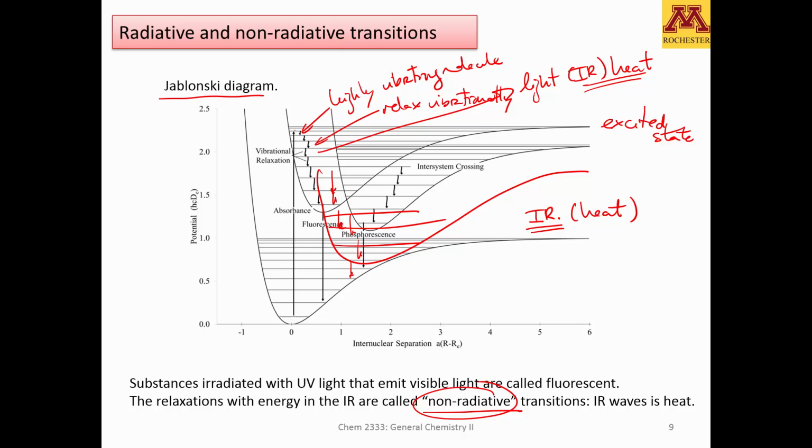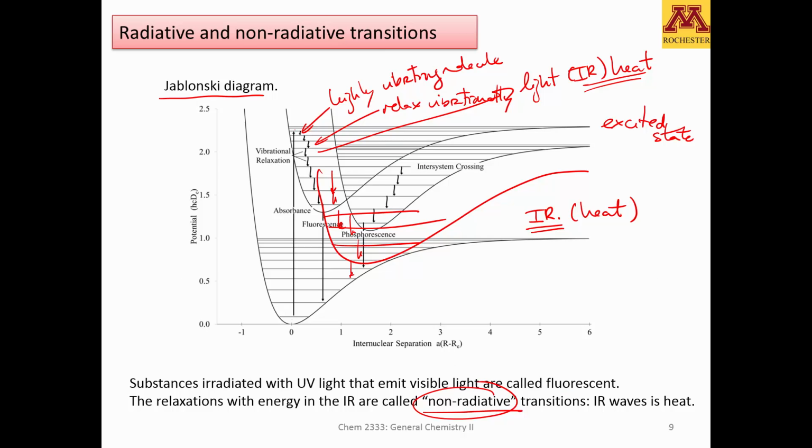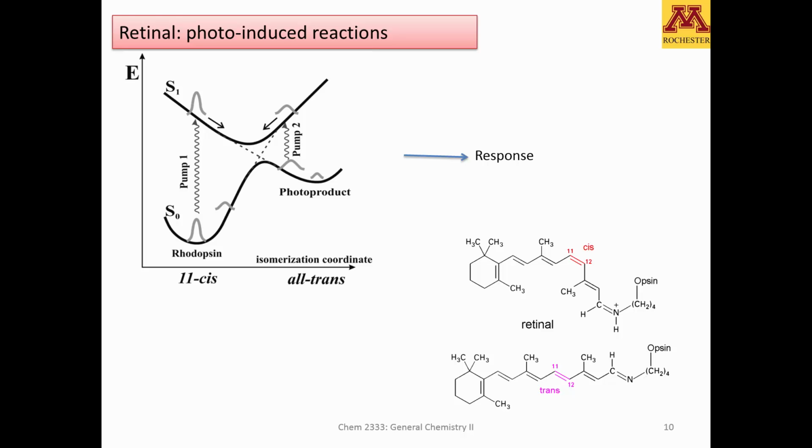And let me give you now a last example of what we've seen here with the Jablonski diagrams. One of those is what you may have learned in your physiology courses, the retinal transition. Rhodopsin is a protein that exists in your retina, and this rhodopsin has a ligand that's called retinal, and this retinal has a bond that can be either in cis or in trans.